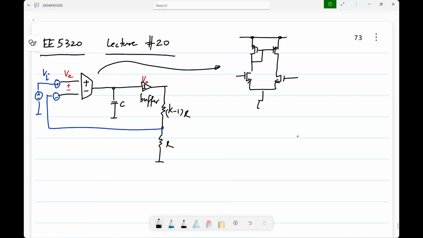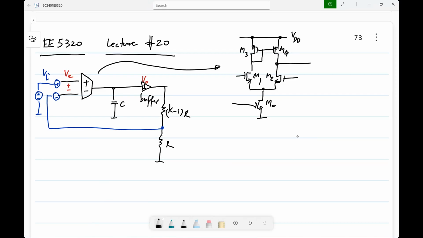Okay. And of course, we assume it's biased at the correct operating point so that all the transistors are in the saturation region and so on.